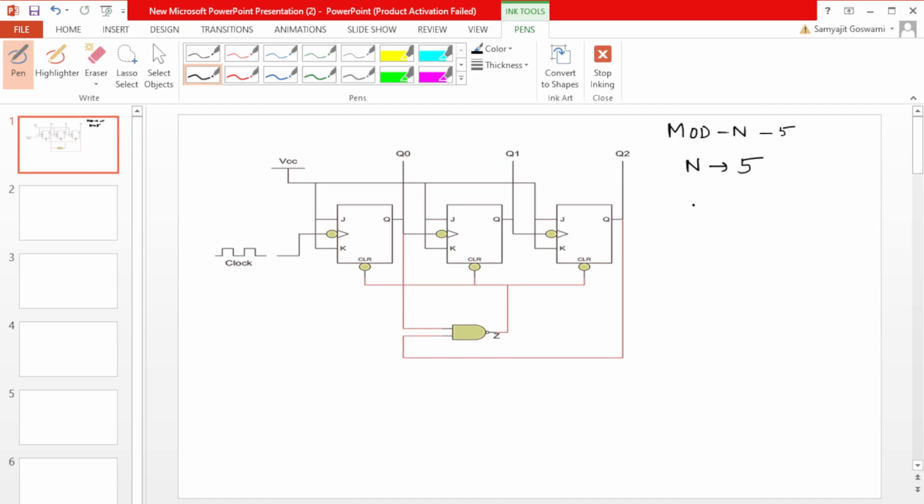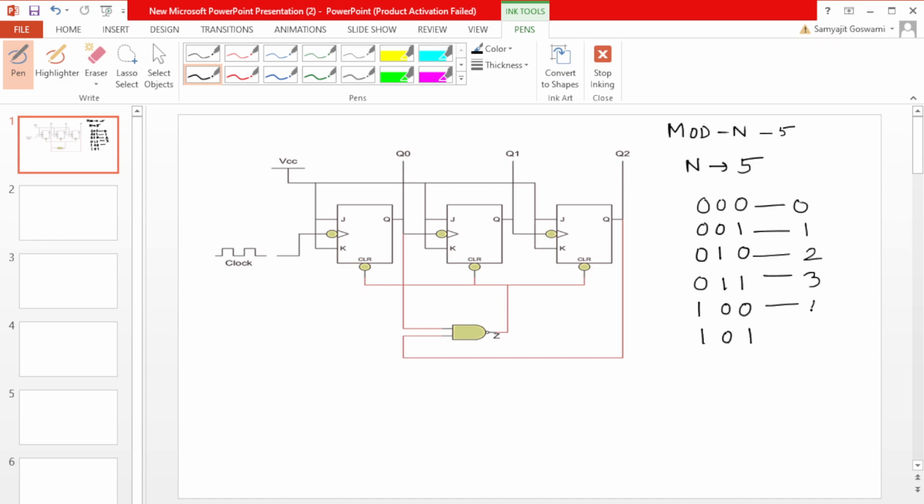So we have to count here 0 0 0, 0 0 1, 0 1 0, then 0 1 1, then 1 0 0 and 1 0 1. So this is decimal number 0, decimal number 1, 2, 3, 4 and 5.